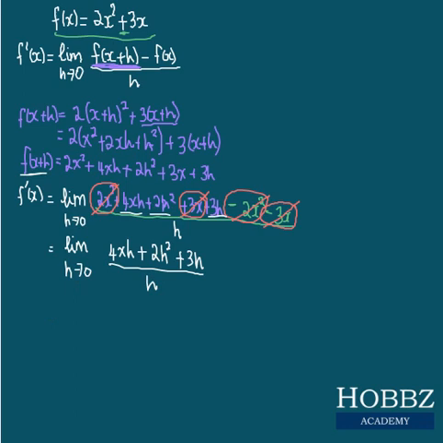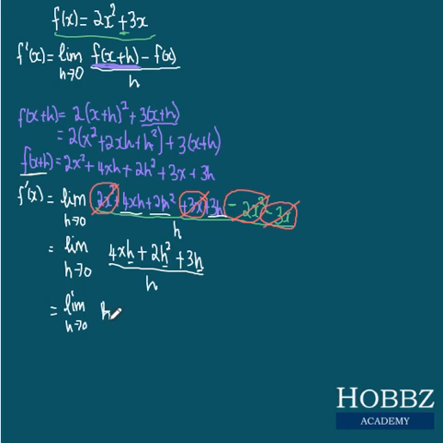So let's take h as a common factor, because we see all terms in the numerator have an h in them. We continue to have the limit as h approaches 0 of the function.